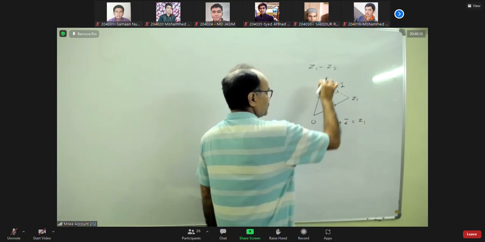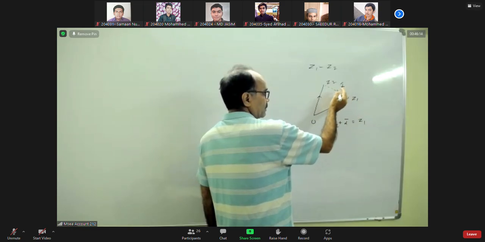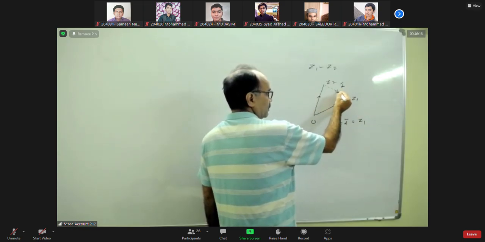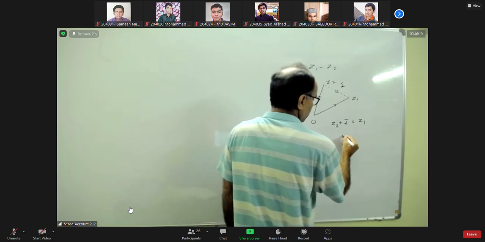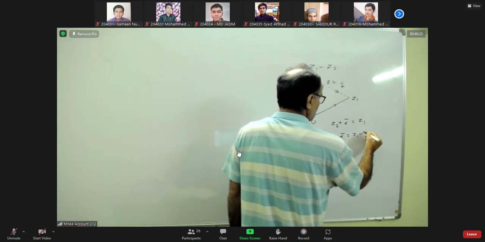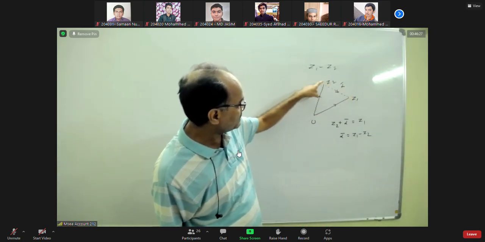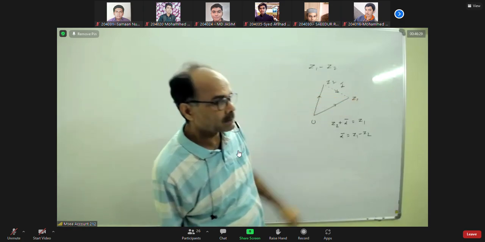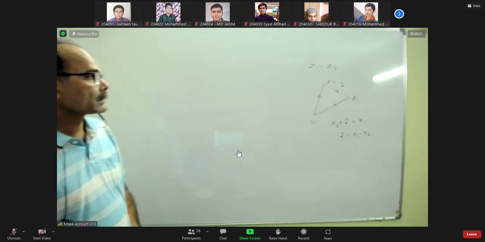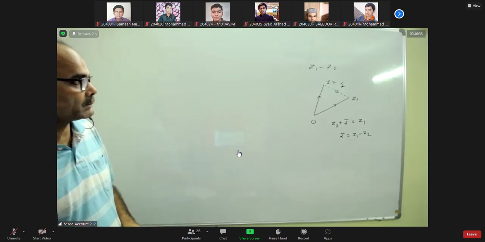Vector addition, this vector plus this vector. I'm taking the direction this way. So alpha equals Z1 minus Z2. Alpha is this vector joining the complex numbers Z1 and Z2, directed towards Z1.